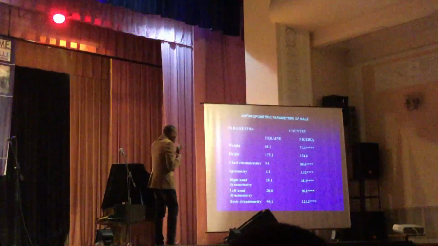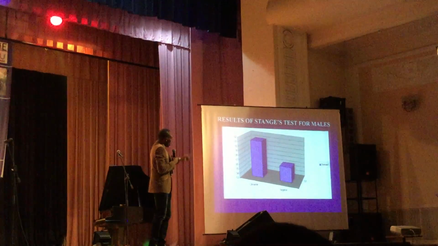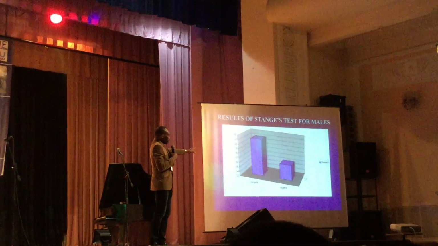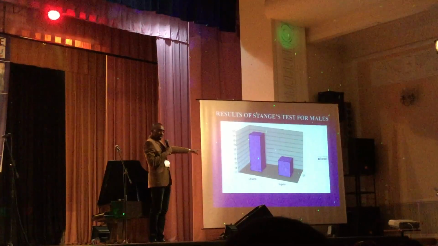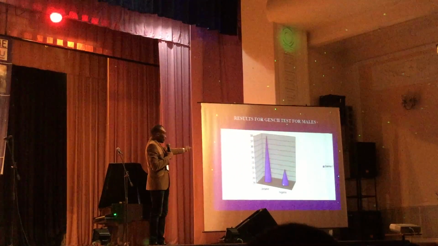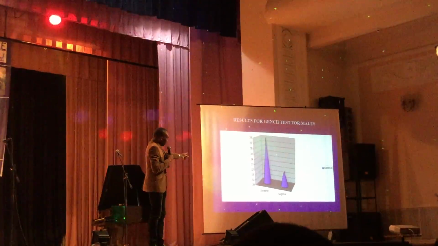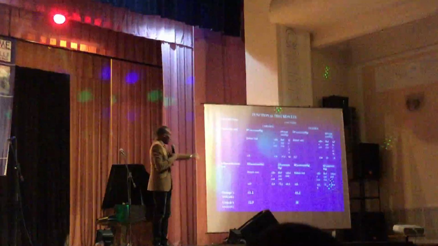But when it comes to functional adaptation, next slide please, we discovered that we were lacking. Just take a look at the Stange tests for males. Ukrainian students had better Stange tests compared to Nigerian students. Next slide. Gensch test, the same thing. Next slide. Okay, this is a summary of all the functional test results.